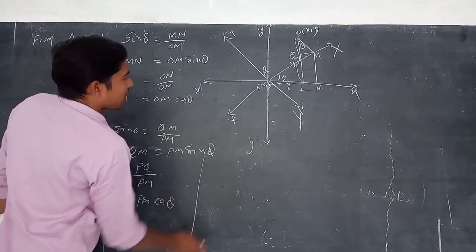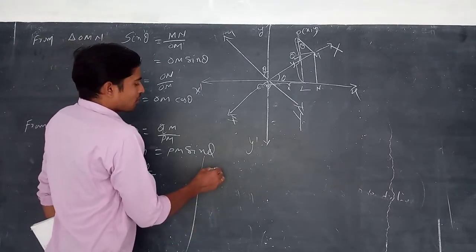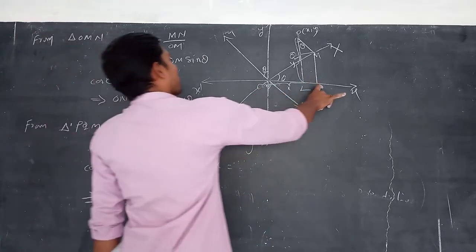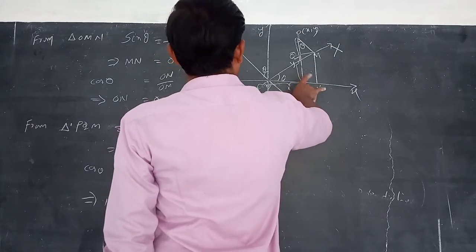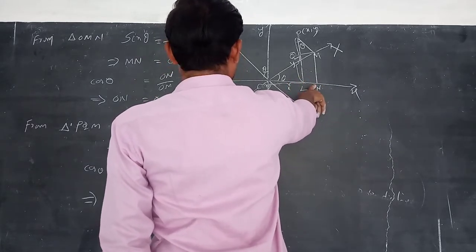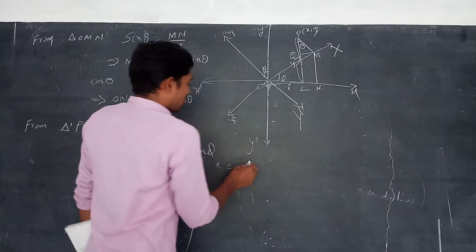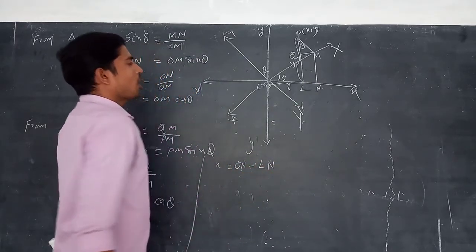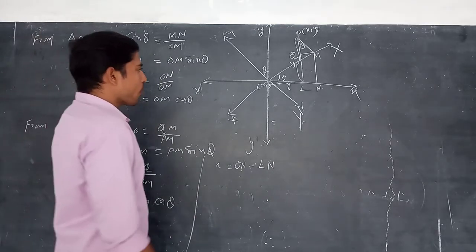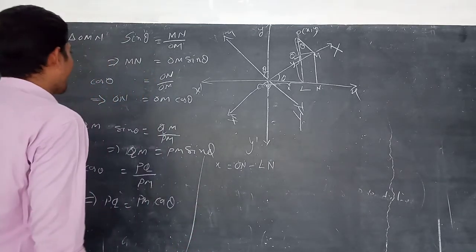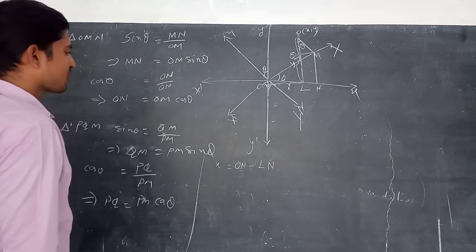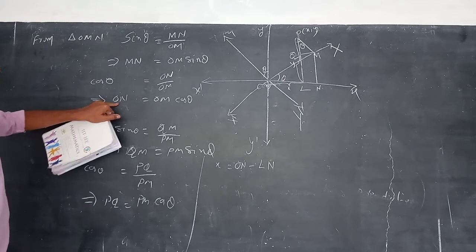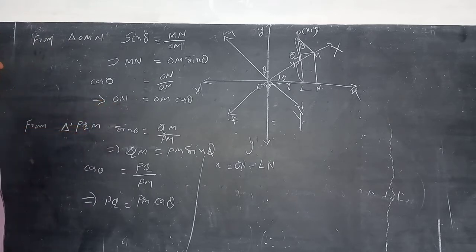I'm writing here, don't get confused. Small x equals ON minus LN.